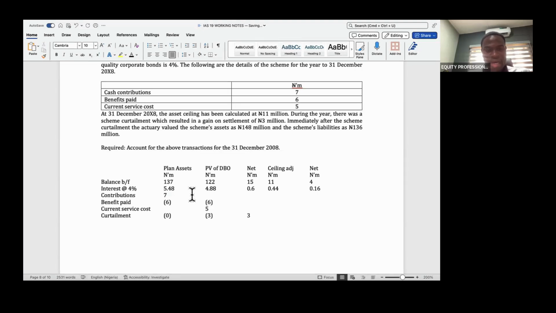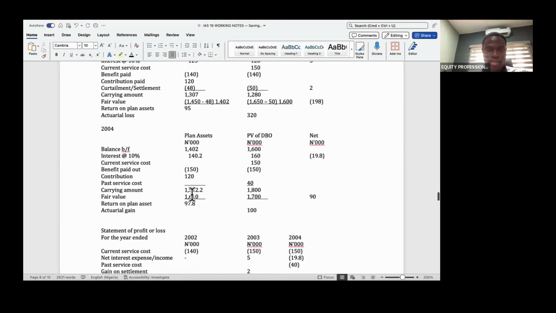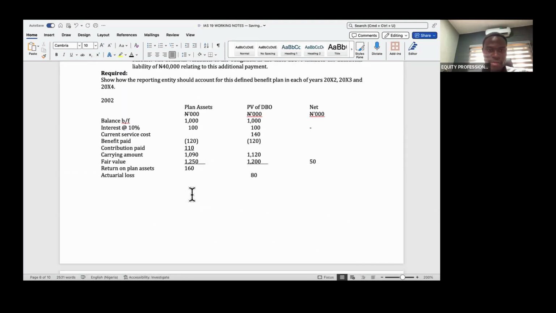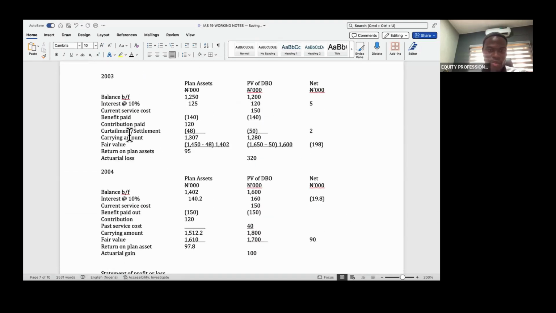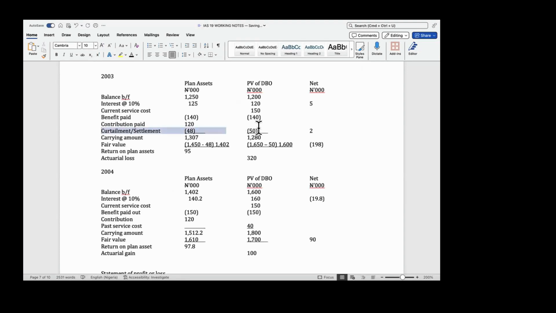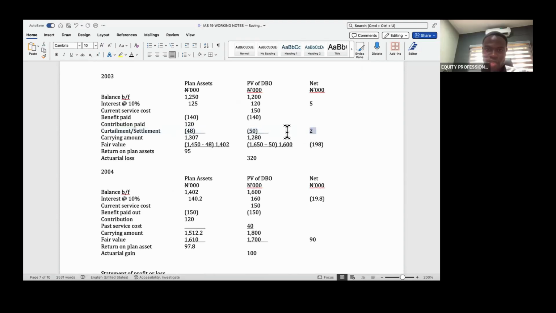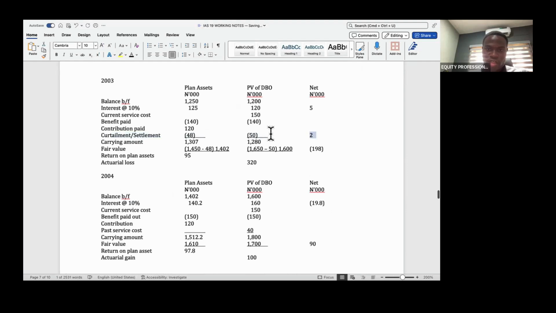So if you remember, there was one we solved. Where is it? This one. That we had a gain on settlements. You see that the obligation was 50. The asset was 48. So an obligation of 50, we settled it for just 48. So we are making a gain of 2.